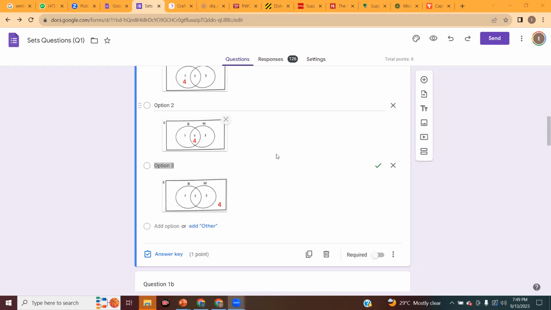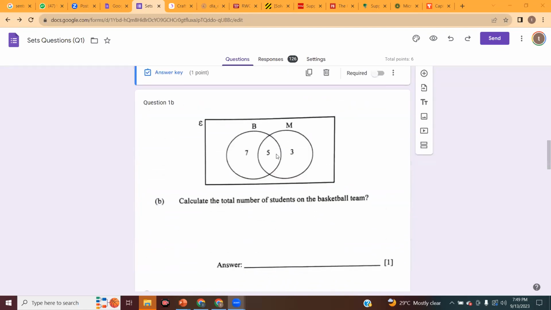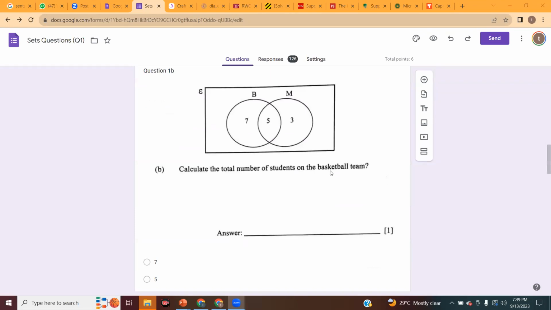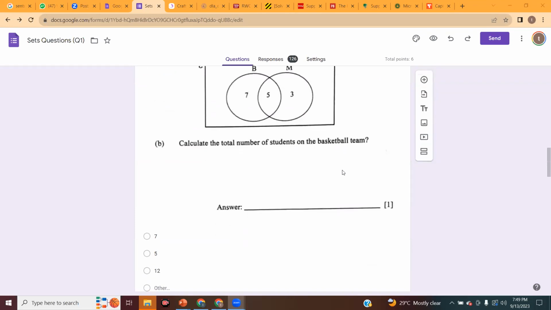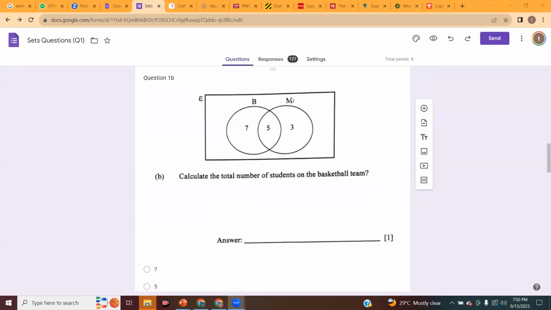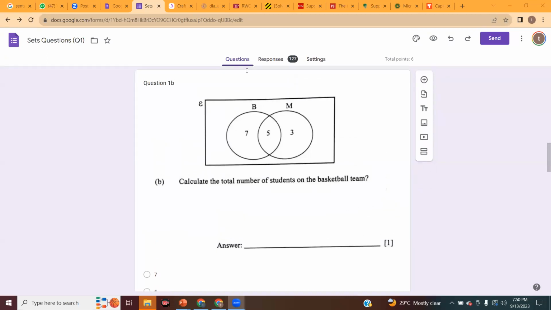Okay, next up. They say calculate the total number of students on the basketball team. So it's going to be 7 plus 5 plus 3? Oh, no, they say basketball. My bad, they just want basketball. So basketball is just 7 and 5.